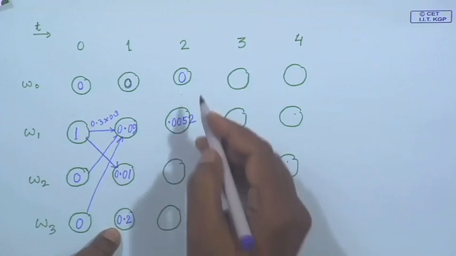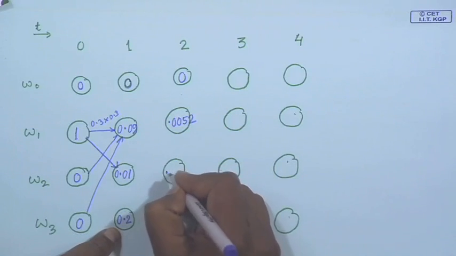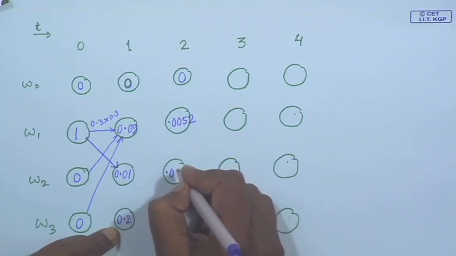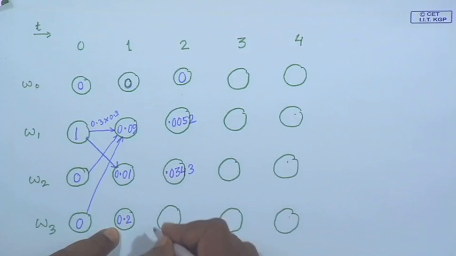If you compute in the same manner, here it will be 0.0343, here it will be 0.0057.